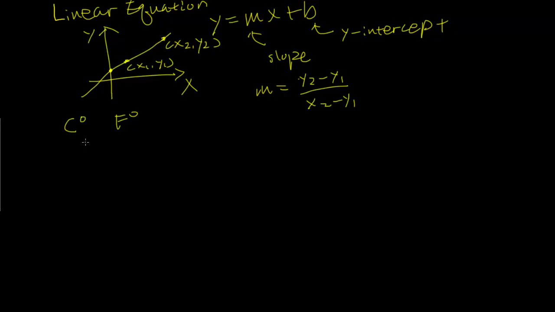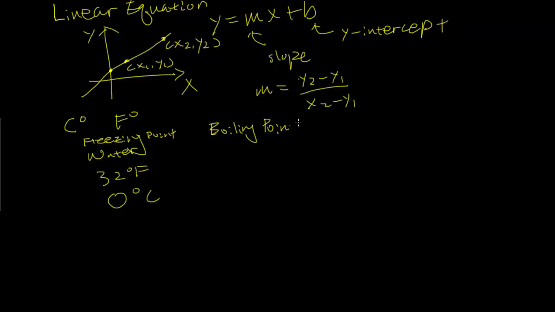For example, the freezing point of water is at 32 degrees Fahrenheit and 0 degrees Celsius. The boiling point of water is 212 degrees Fahrenheit or 100 degrees Celsius.